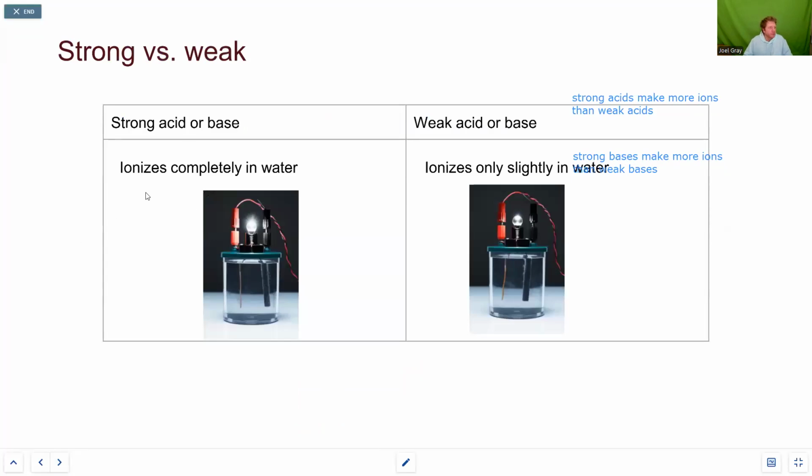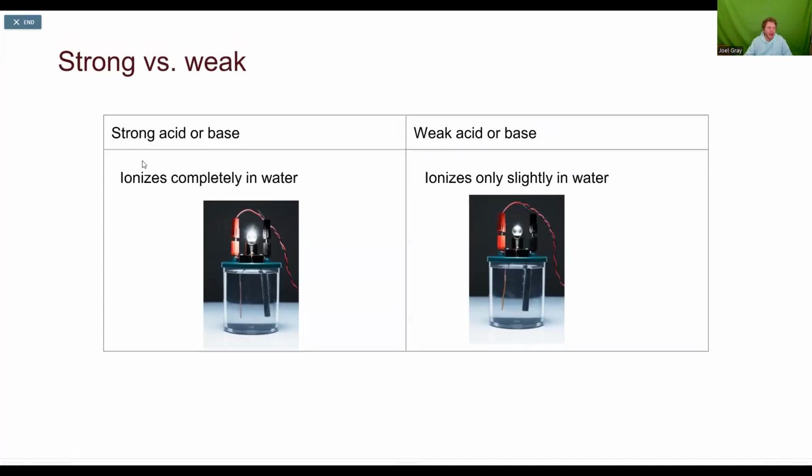Now, here is that same sort of idea, but explained a little bit differently. In particular, we're using this term ionizes. A strong acid or base will ionize completely, and a weak acid or weak base will only ionize slightly.